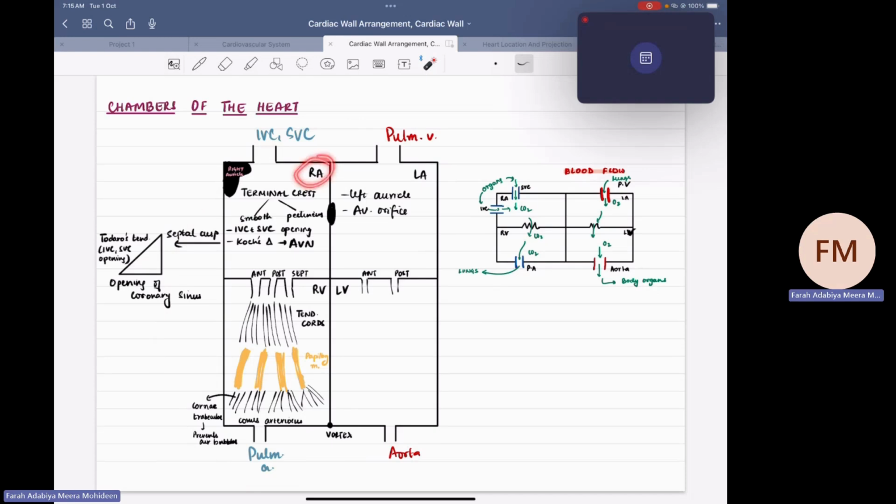For your right atrium, you have your right auricle, okay, and you have your terminal crest. Terminal crest is very important because that's where your SA node is present, okay? And in your terminal crest, you have smooth muscles and then you have your pectinate muscles.